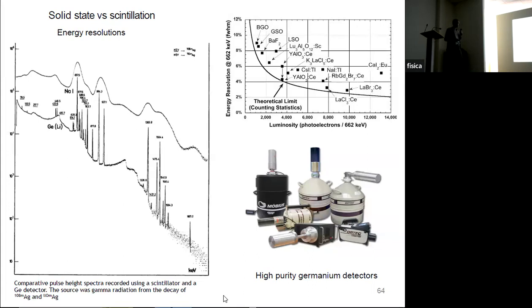And the device is connected to this dewar, which is filled with liquid nitrogen. The process and work with these detectors is quite complicated compared to scintillation detectors, because if you want to get these nice pictures, you have to keep the detector at low temperature all the time.